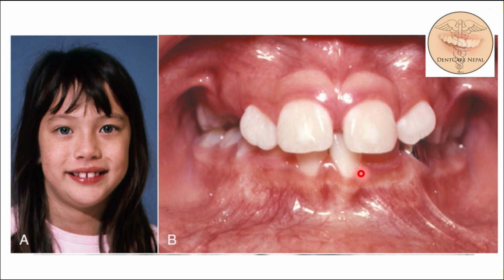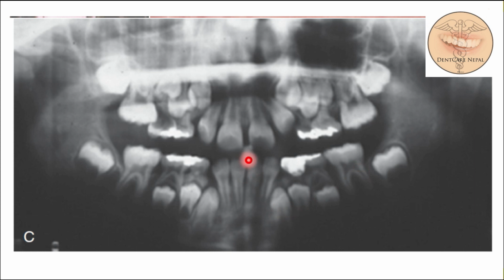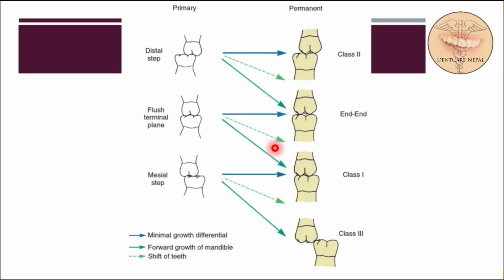So this is the ugly duckling stage, which I mentioned earlier; it is a transient malocclusion. This is the OPG radiograph of the same patient. Permanent canines are yet to erupt, so the maxillary central and lateral incisors are flaring. After the permanent canines erupt, the ugly duckling stage will correct itself.